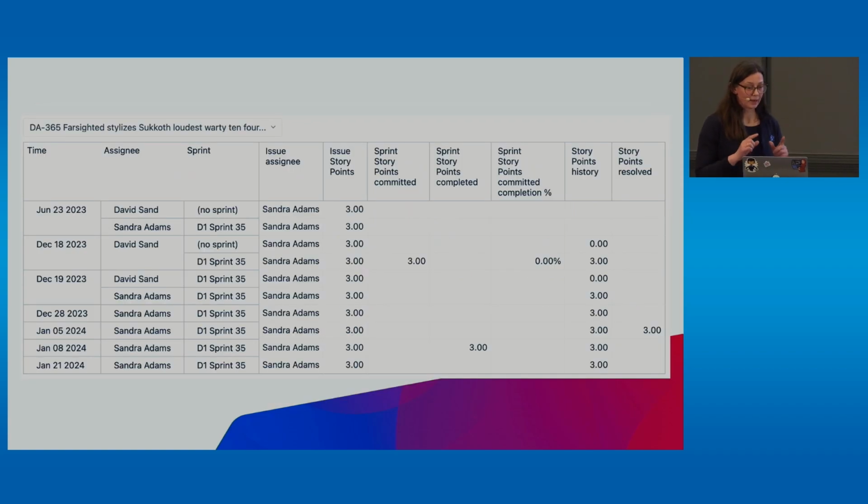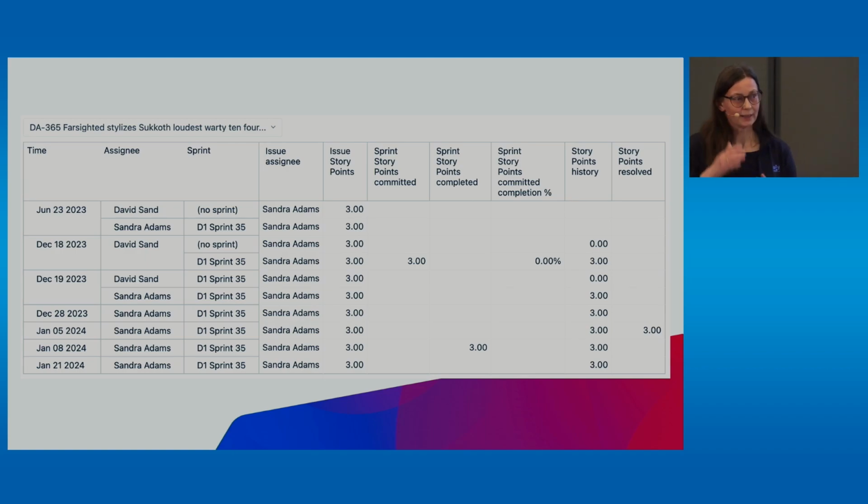Here I'm using the same issue that was passed from David to Sandra, and there is a different perspective on how I would suggest testing your measures or metrics. I would suggest putting one particular issue that you know, and it should be quite a real issue with different changes over the time, and you put it on pages as one selection, and then you can add several dimensions on rows, what you would like to see, and on the lowest level, for example, days.